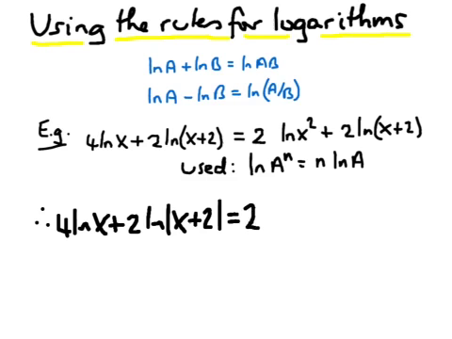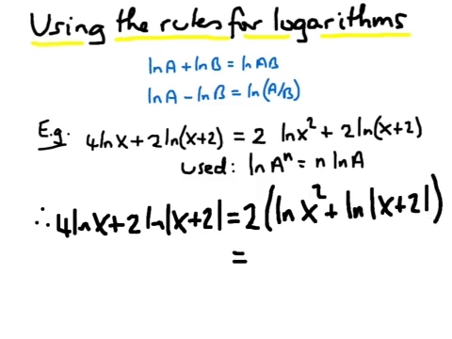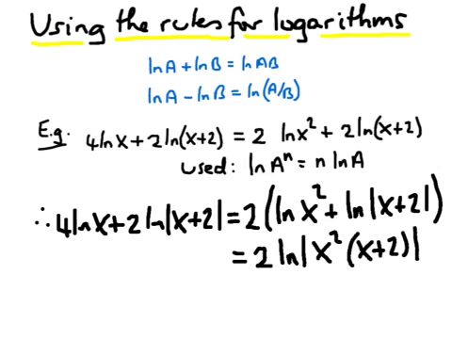So this is 2 times the logarithm of x squared plus the logarithm of modulus of x plus 2. So this is now 2 times, and now I can clearly use this rule here. So it is 2 times the logarithm of the modulus of x squared multiplying x plus 2, close the modulus. So that's our final result for how we can combine these two terms into a single logarithm.